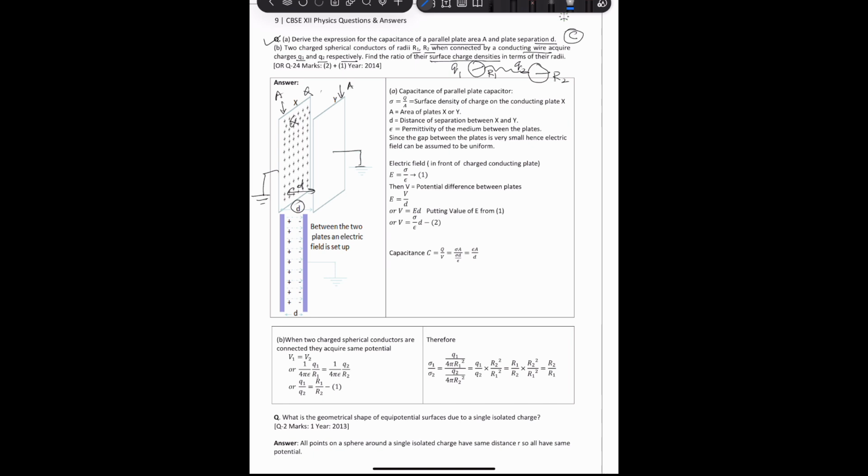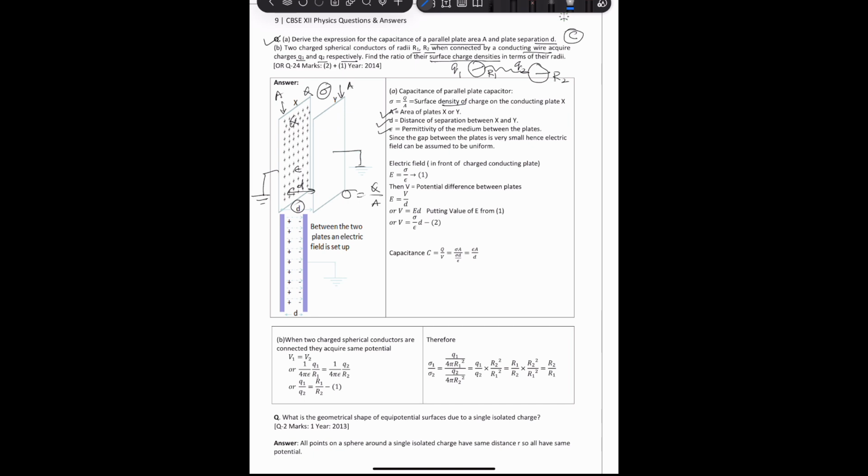So what is sigma? Sigma means charge per unit area. So sigma is equal to charge divided by total area. This is called the surface charge density. Now A is the area of the plate, D is the separation, epsilon is the permittivity of the space in between the two plates.